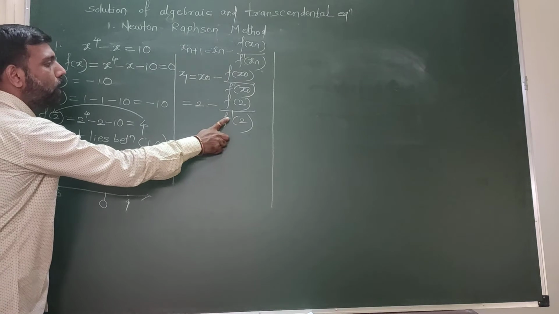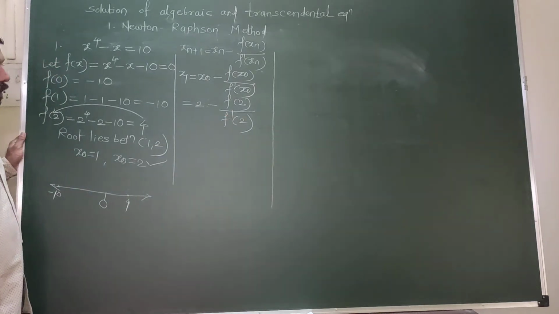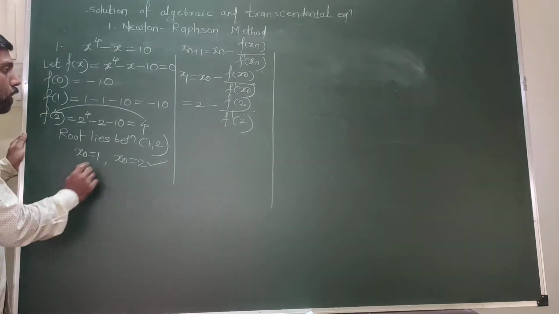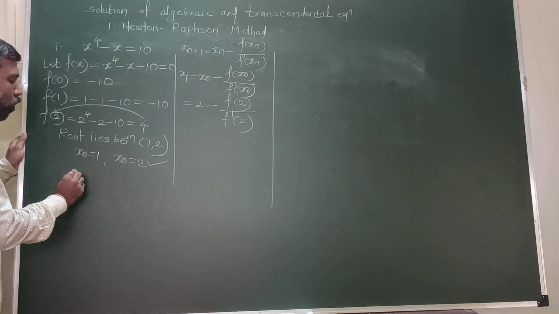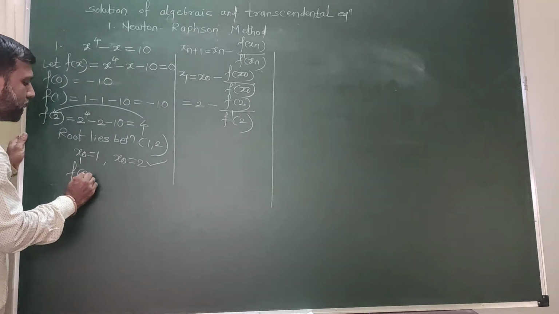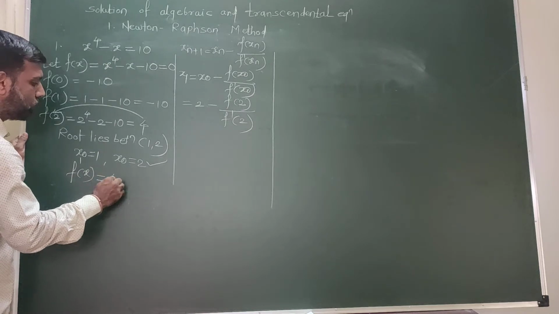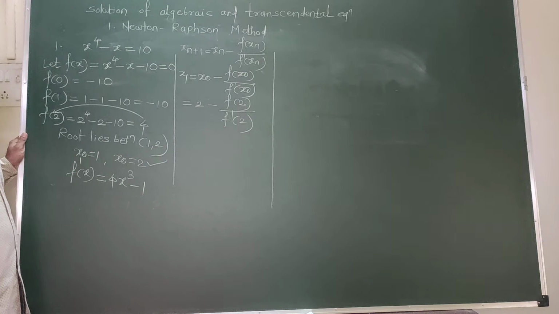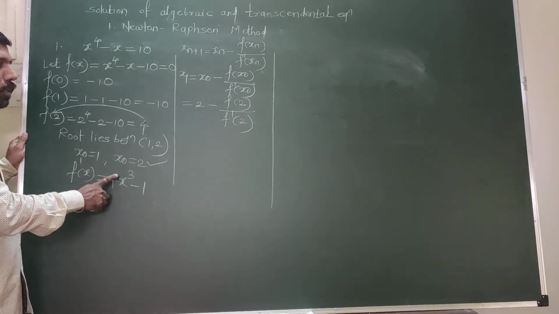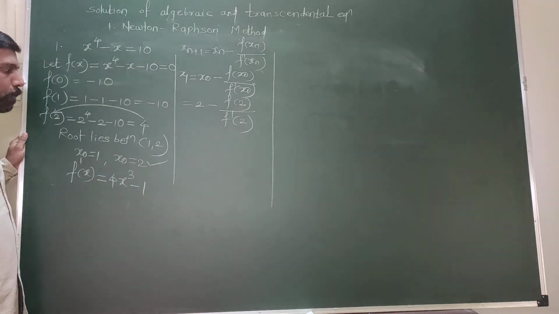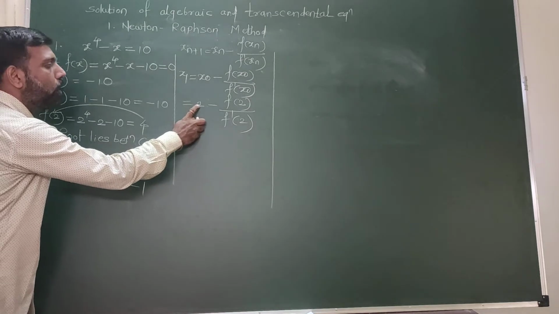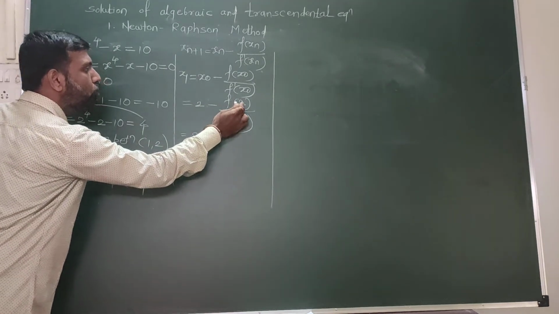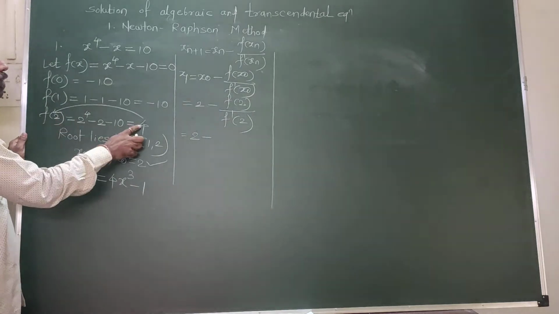Now for this we require the derivative of the given function. Here f of x is the polynomial, so f dash of x is equal to 4x cube minus 1, the derivative of the given polynomial. Now we have this value 2, and f of 2 we already have, it is 4.